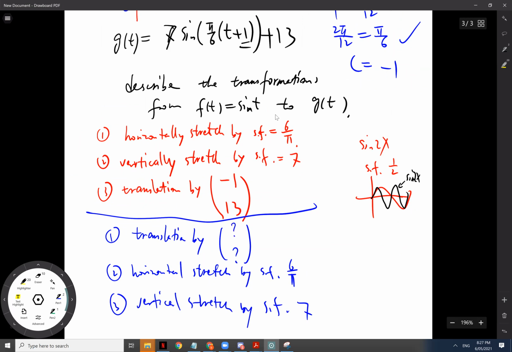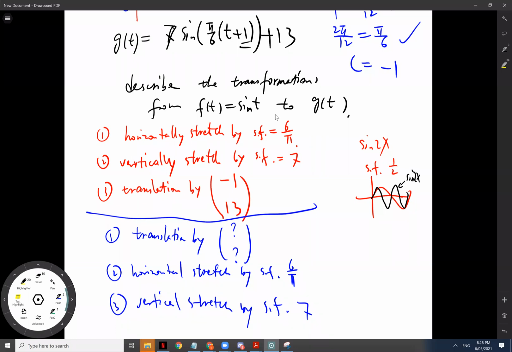Question, what here? Was this sine x? Like a horizontal stretch, right? Oh, still the same question, still from here to here. Horizontal stretch still 6 over pi. Vertical stretch still 7.